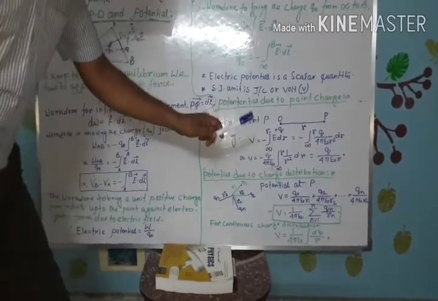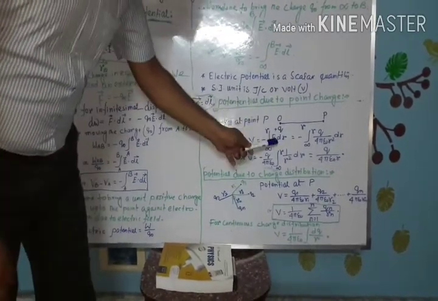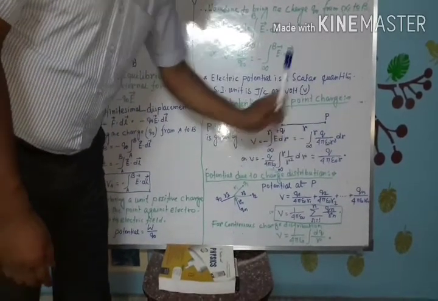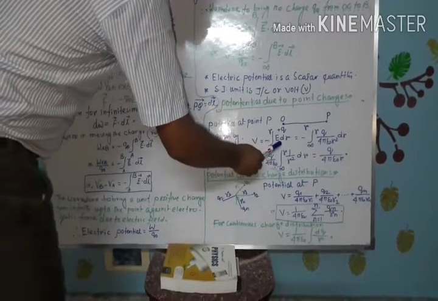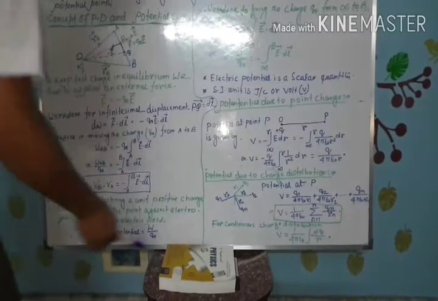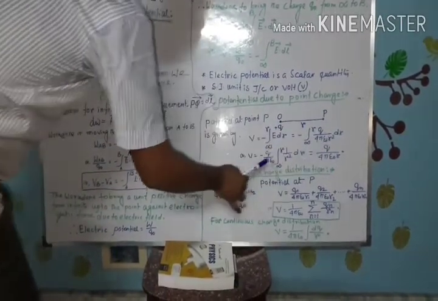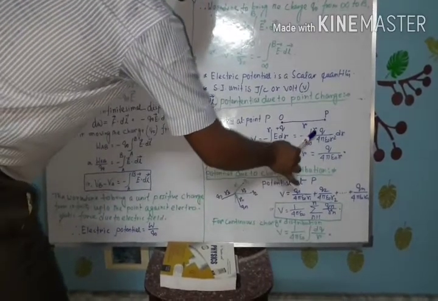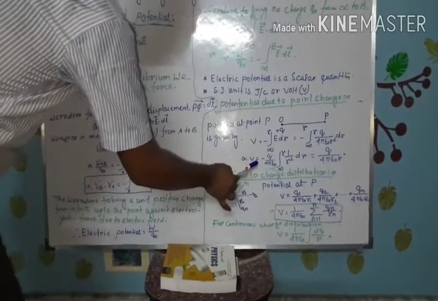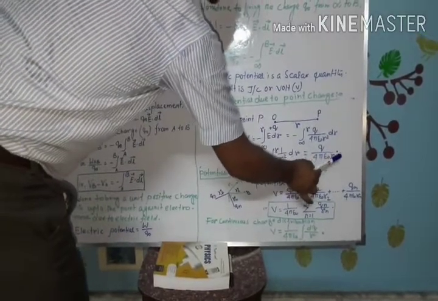From the previous chapter we know, from a charge Q at a distance r, the electric field E is given by Q by 4 pi epsilon naught r square. So in place of E I put Q by 4 pi epsilon naught r square, dr. Or V equal Q by 4 pi epsilon naught, which moves outside the integration, then integral infinity to r of 1 by r square dr. By proper integration we get the final result as Q by 4 pi epsilon naught r.